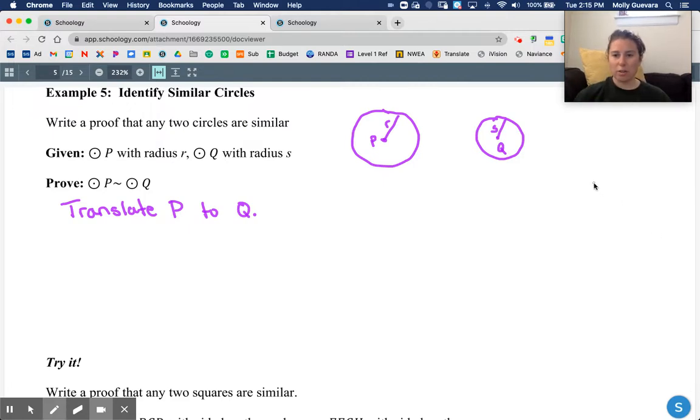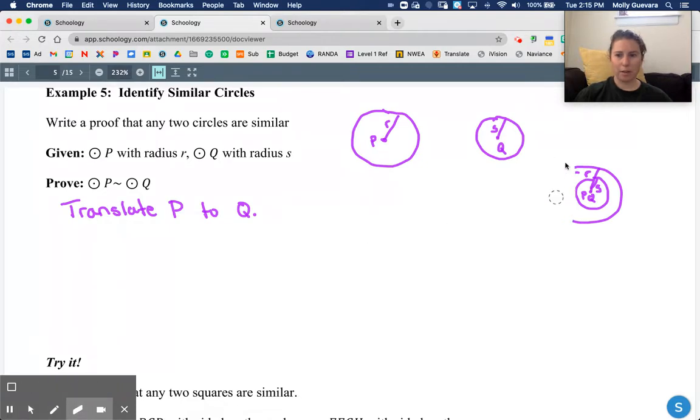So then you don't have to draw this, it'll look something like this, right? Where this is S and this is R. And this is P and Q. So I'm just moving this circle over to line up with that circle. Okay? So I know the centers are in the same spot.